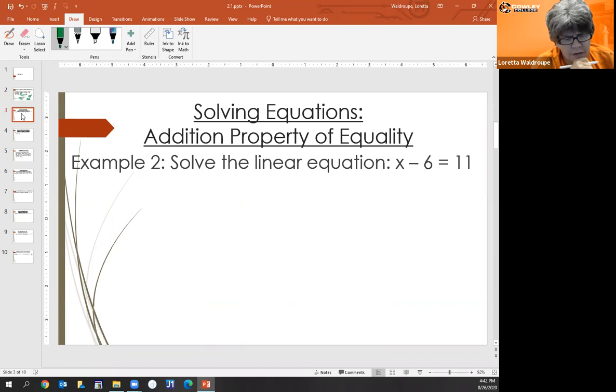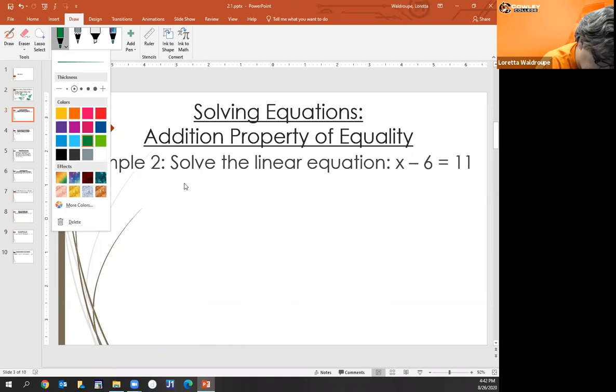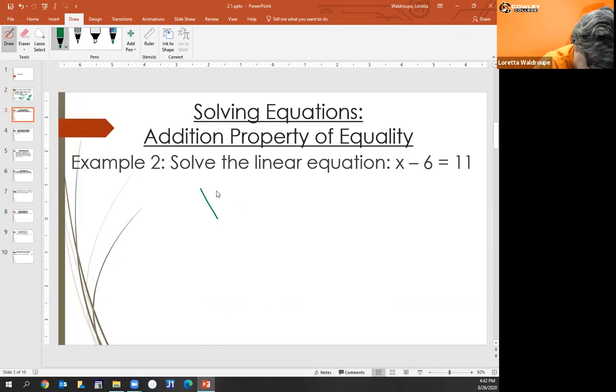When you're solving an equation, your objective is to get the variable by itself. To get the variable by itself, you want to move anything over here with the variable to the other side.